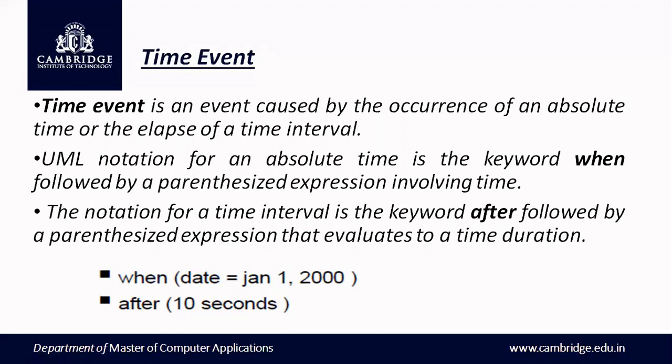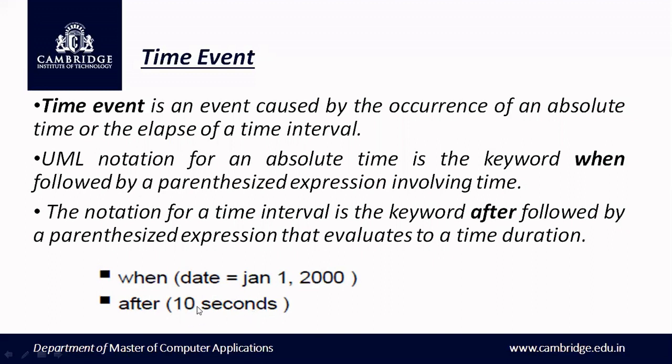The second situation where we can use this time event is the elapse of a time interval. Whenever we need to specify a time interval, which has to be evaluated during a time duration, we use the keyword called after. In the second example, we have after followed by the time duration, or interval of time, which I have given here as 10 seconds.